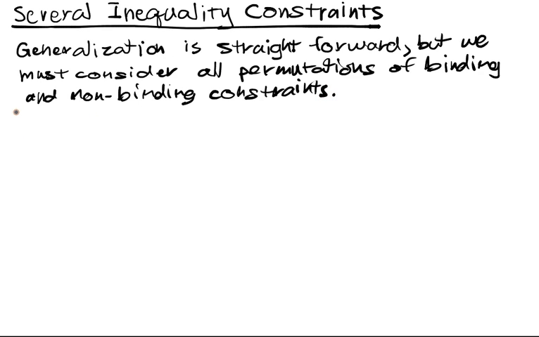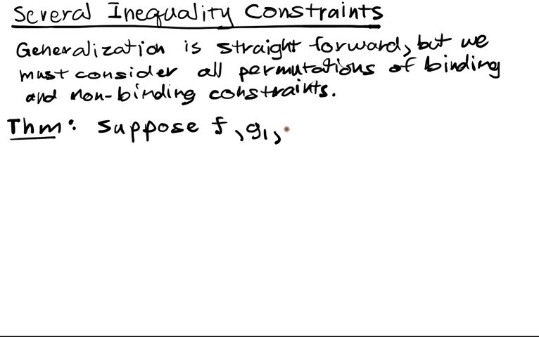So let's just walk through the theorem and see exactly what it says. Well, suppose, of course, that f, g1, all the way up to gk are C1 functions of n variables.